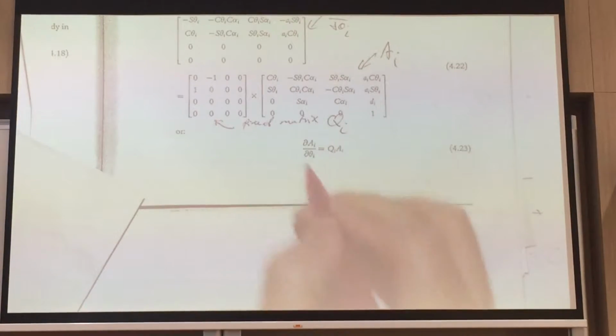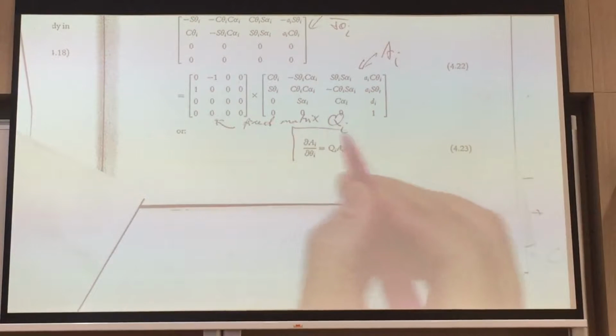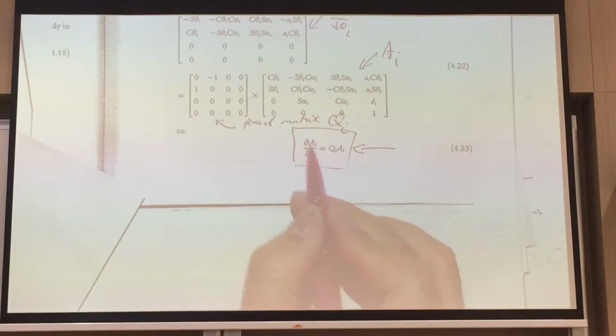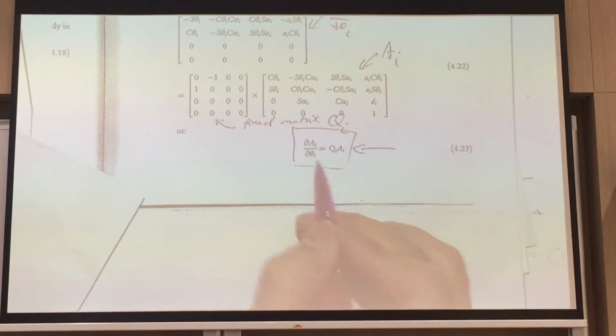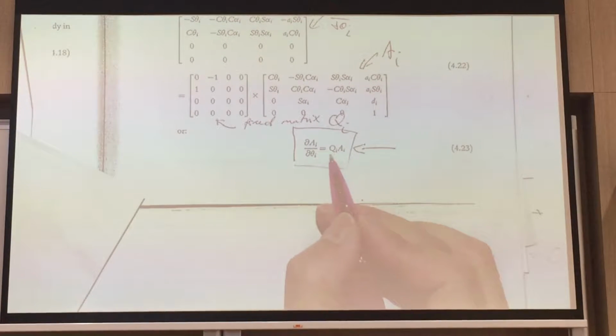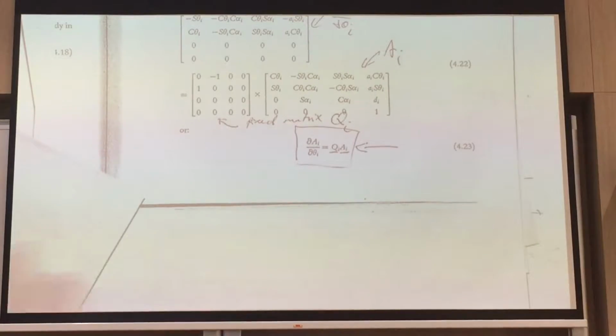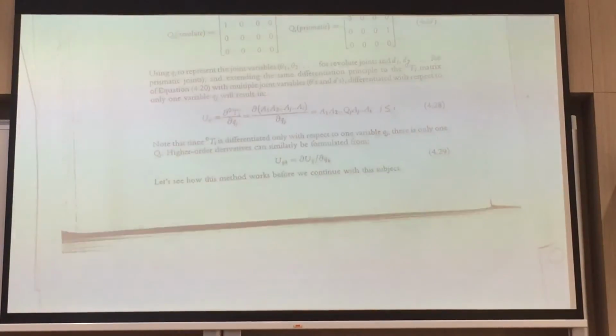In other words, if you go through the derivation here, we can show that the derivative of Ai over theta i is equivalent to a fixed matrix multiplied by Ai. It is simplified to this. So that is for a revolute joint.